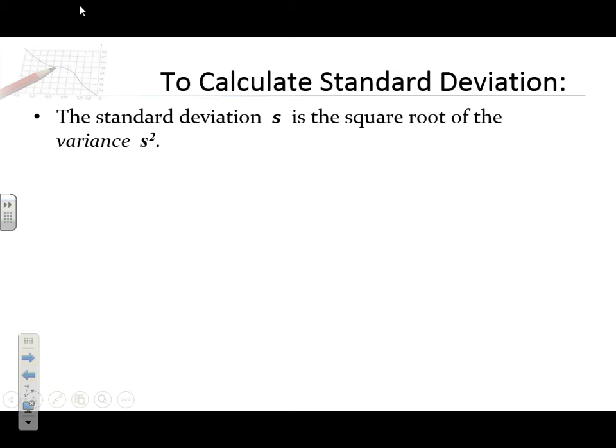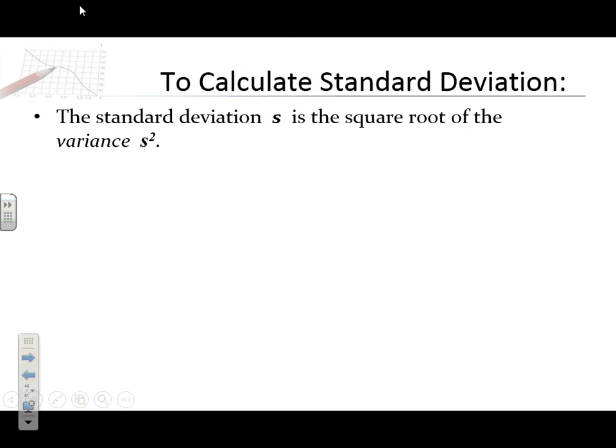So to calculate standard deviation, now this stuff you don't necessarily have to write down a lot of. We're not going to deal with variance in most cases. We'll talk about variance when we get into some of the later chapters and we're talking about random variables. Variance will be kind of an important issue, but for right now it doesn't mean much to us. So variance is denoted as S squared.